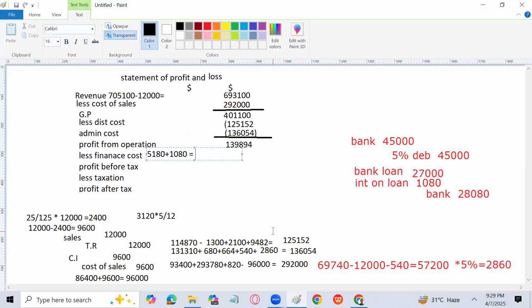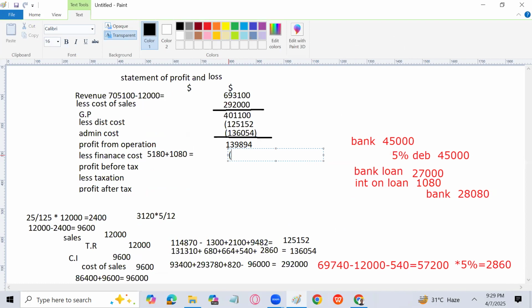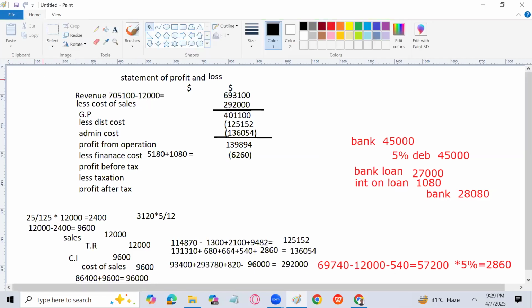So let me add it up. 5180 plus 1080. That is 6260. So we need to subtract the interest cost 6260 from the profit from operation to get the profit before tax. So 139,894 minus 6260.